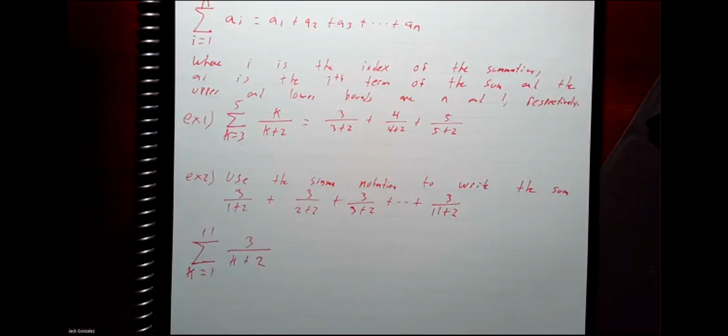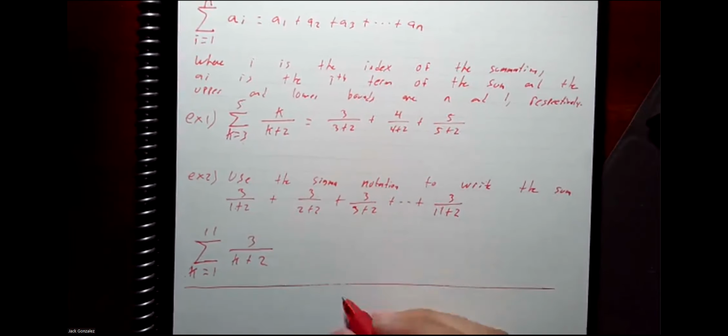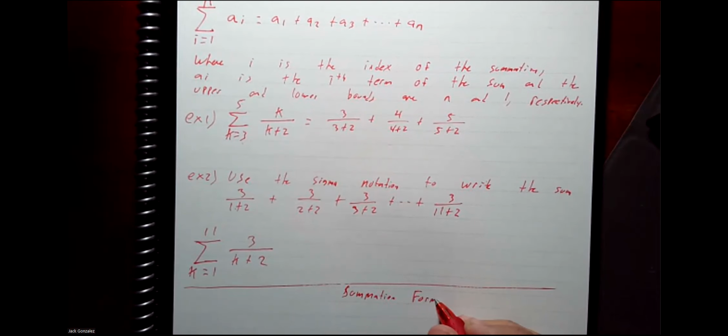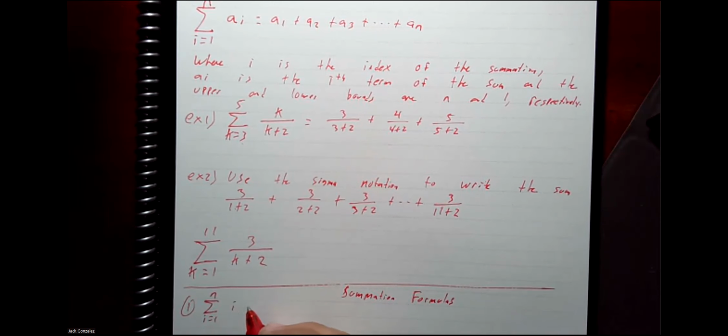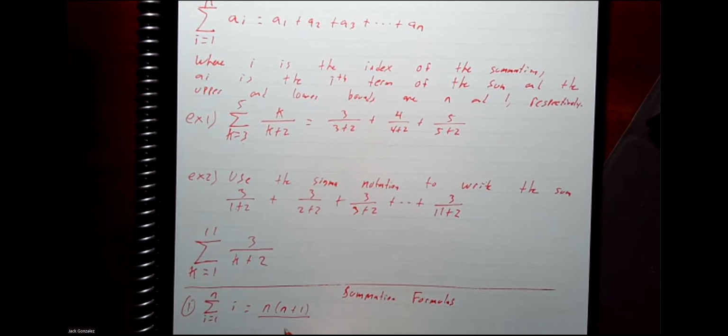All right. So let me give you some summation formulas. Number 1: if you sum i from 1 to n, i becomes just the last value times that same value plus 1, over 2.